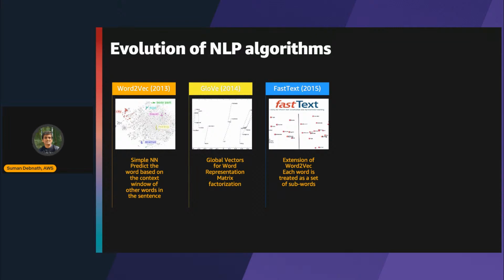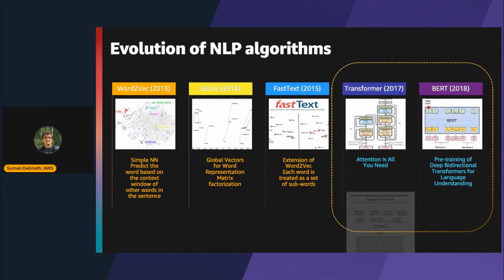Because at the end of the day, a computer understands only numbers. So the only way that we can represent a sentence or any message is in the form of numbers. That's what all these algorithms used to do.